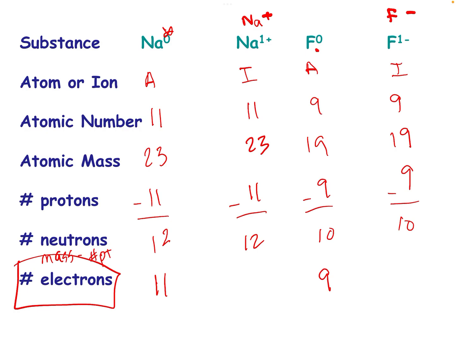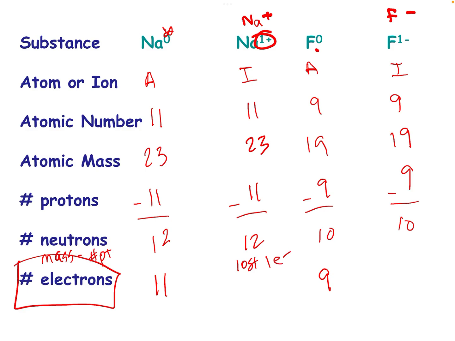Okay, now, sodium plus 1 means, have I gained electrons or lost electrons? This is the tricky part. Electrons are negative. So when I lose electrons, then I become positive. So I'm positive 1 right now. That means I've lost 1 electron.